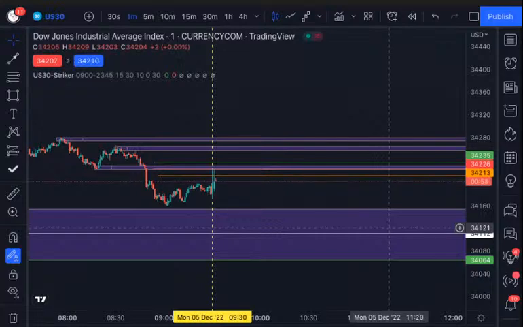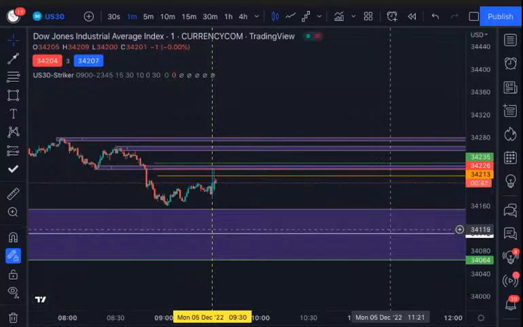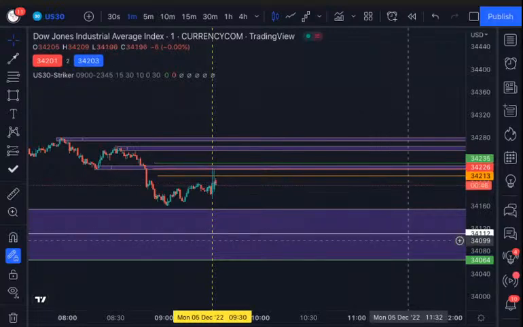I have levels at 34213, 34226, and 34235. Those are basically from the 50% to 70.7% retracement. So we already got two nice rejections off of the opening candle and the second candle.